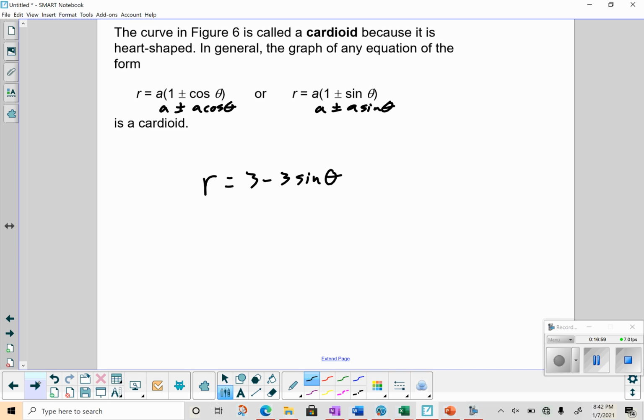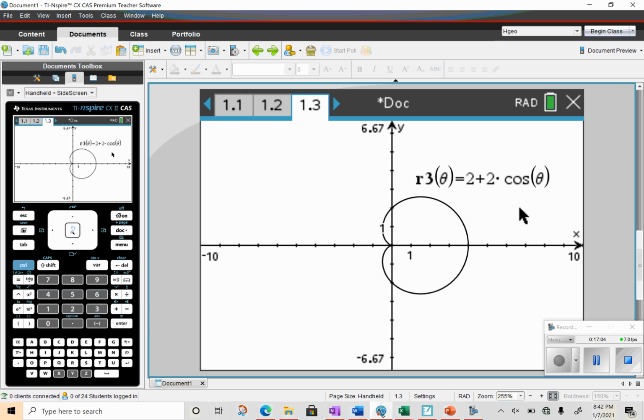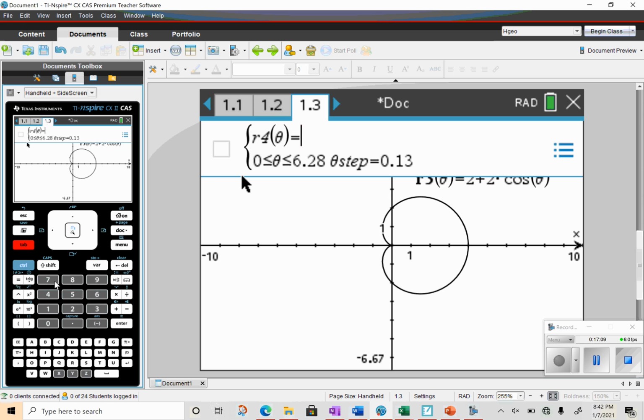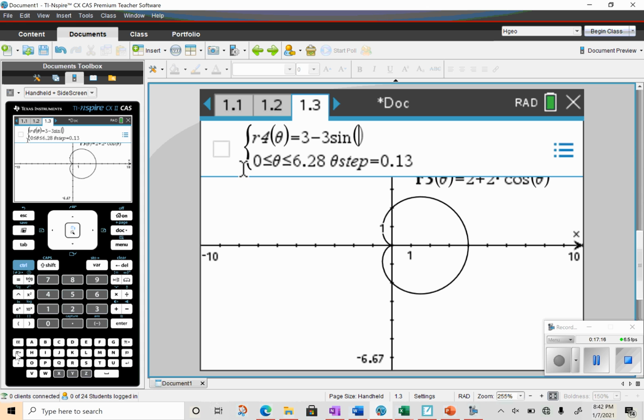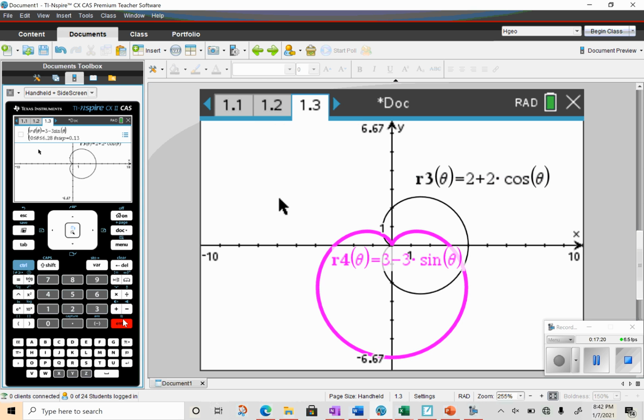Okay, now let's compare this with, I want to draw the graph here quickly, of 3 minus 3 sine theta. So can I do this in the same one? 3 minus 3 sine of theta. Now, okay, maybe that one looks a little bit closer to a heart shape, and I don't think the pink is what does it.